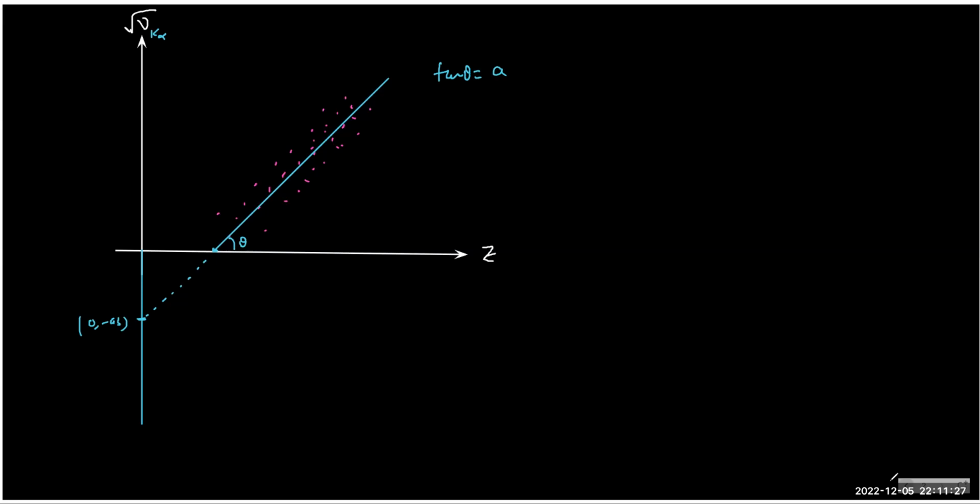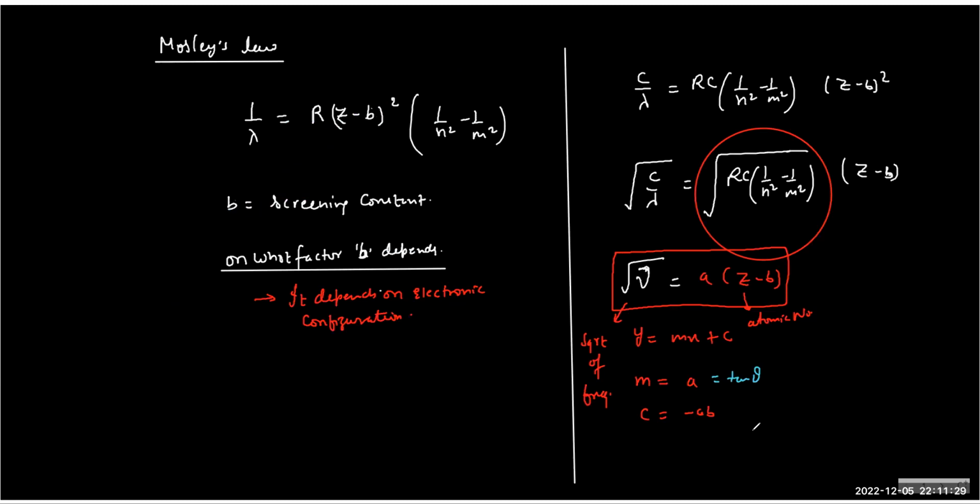That was also evident from the Rydberg equation after modifying it for the many electron system. For a many electron system, we need to modify the Rydberg equation, and the B will come into the picture.